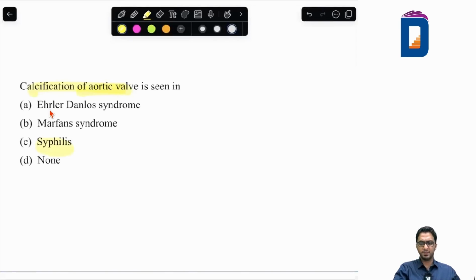Okay, syphilis. Basically, calcification of the aortic valves is seen in two infections. I want you to tell me, when we talked about syphilis very recently, what did we see in syphilis, along with Ehlers-Danlos and Marfan's?